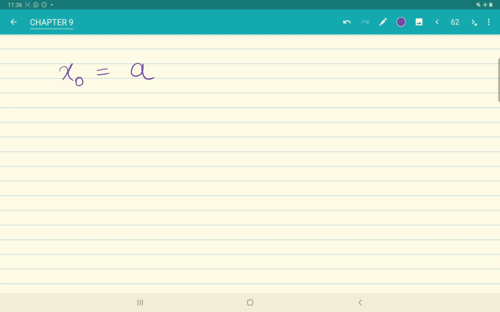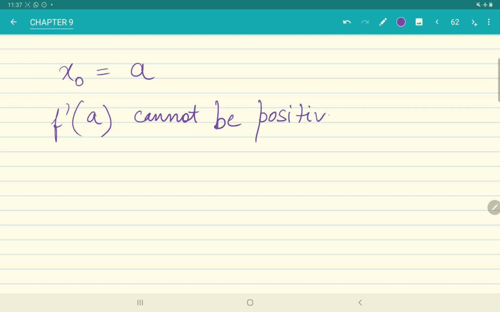If x naught is a, then f prime a just cannot be positive, because if it is positive, that means there will be points to the right of a where f has a higher value than at a, and that's not possible because x naught is a maximum point for f in that interval.